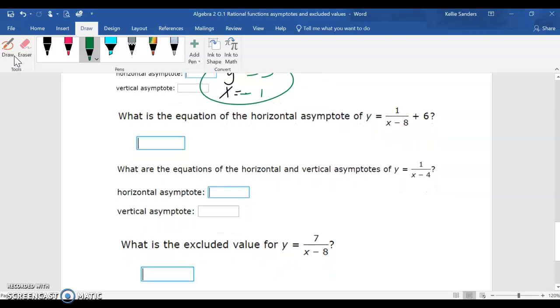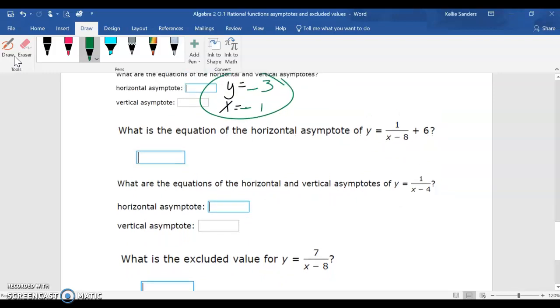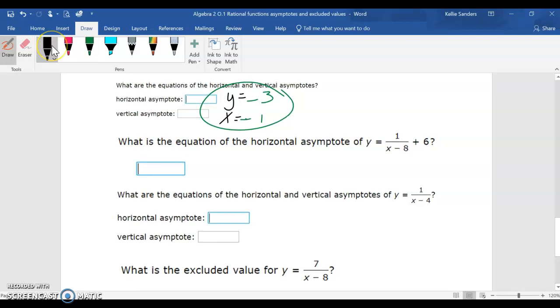On these, let me give you a little bit of background. We have y equals a over x minus h, plus k.